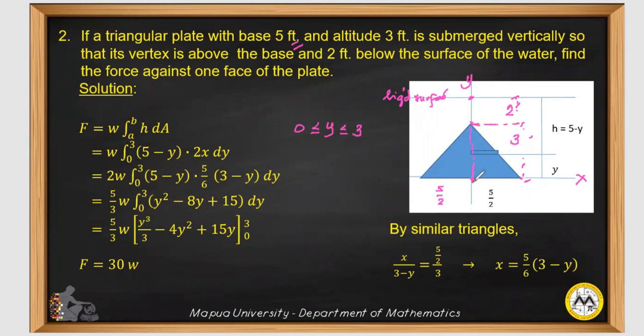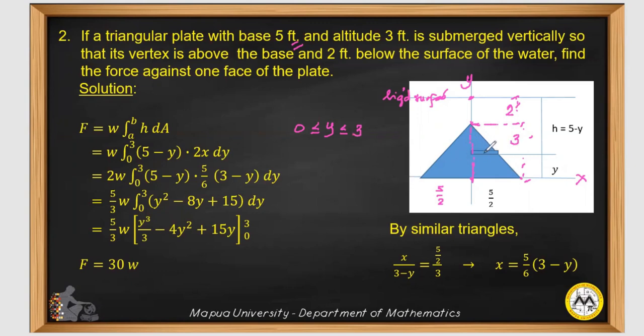Since there is symmetry with respect to the y-axis, we can just consider this half. The force due to liquid pressure on half of the plate is the same as the force due to liquid pressure on the other side, so we will just multiply it by 2.